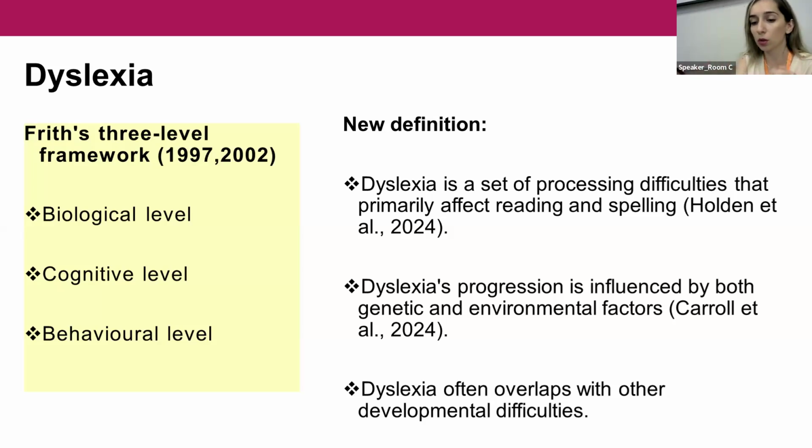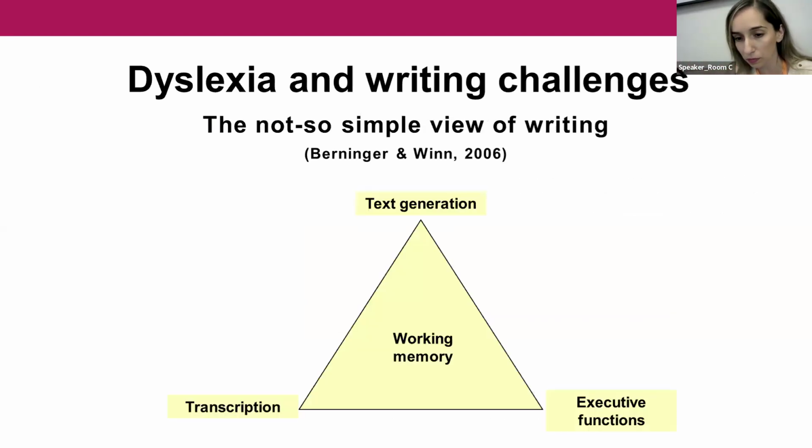In the UK, there is a new definition of dyslexia, according to which dyslexia is a set of processing difficulties that primarily affect reading and spelling. Dyslexia's progression is influenced by both genetic and environmental factors, and dyslexia often overlaps with other developmental difficulties. The new definition aligns with the three-level framework in terms of perceiving dyslexia as a multifaceted condition.